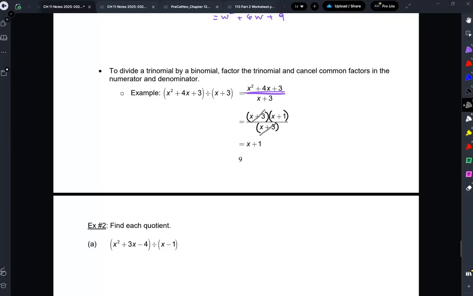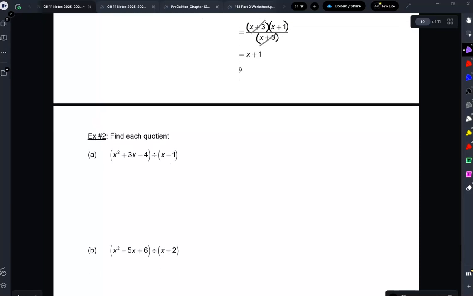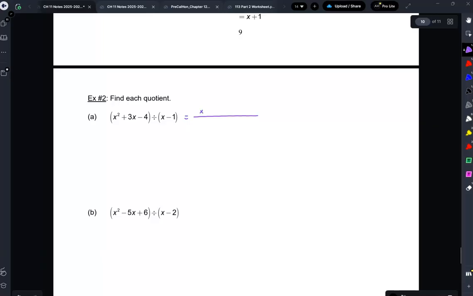So here we're going to be incorporating what we were doing until today into this one. So let's do this. First, I write one over the other. So x squared plus 3x minus 4 over x minus 1.